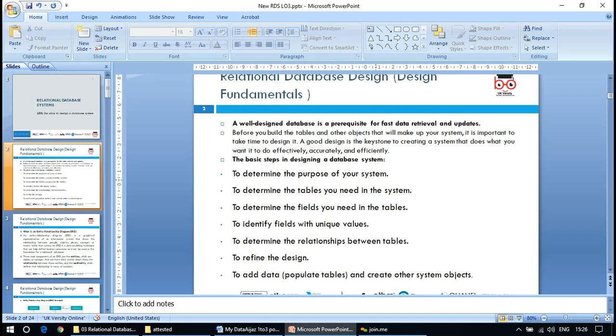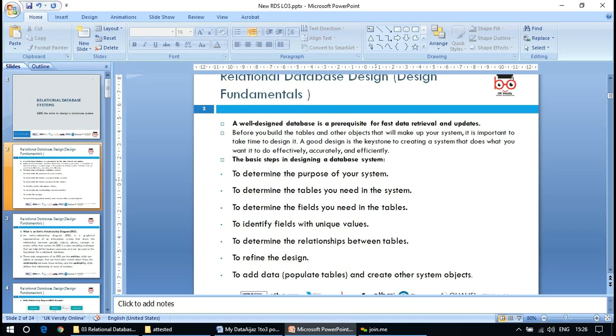Then determine the tables you need in the system, which is also most important. If you didn't think about the number of tables, maybe you have too many or too few, then it would not be a better design. But think realistically about what you want and what the system needs.